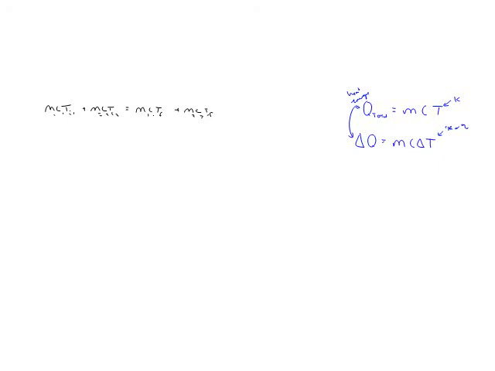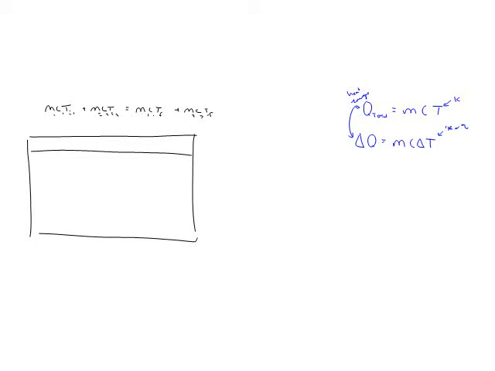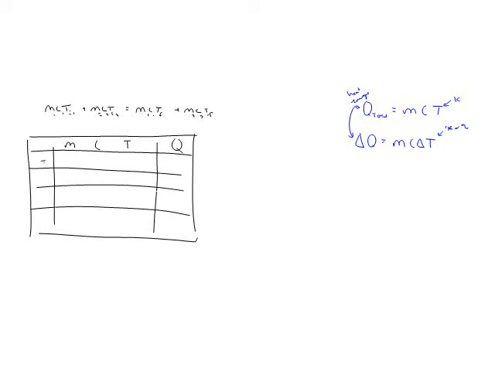I'm going to write the grid up here real quick so that you can see that this equation can also go in the grid. You don't have to use the grid, but some people get confused because there's so many variables. So here's the grid for you. It looks just like the momentum grid. And you're going to put MCPQ at the top. And you're going to have initial, final, object 1, object 2, object 1, and object 2.